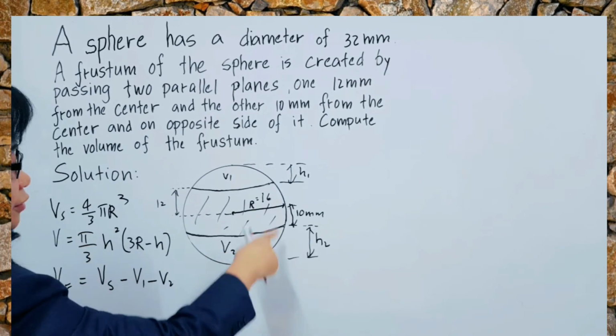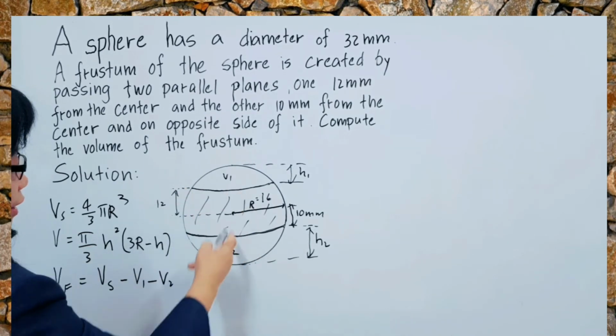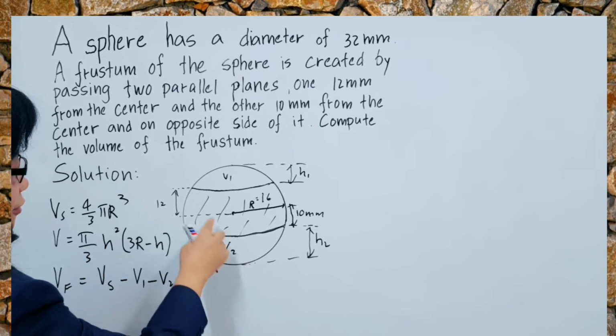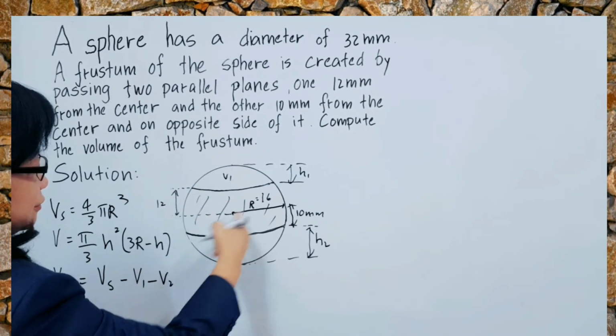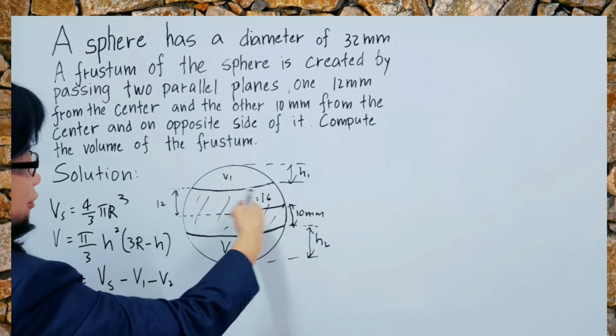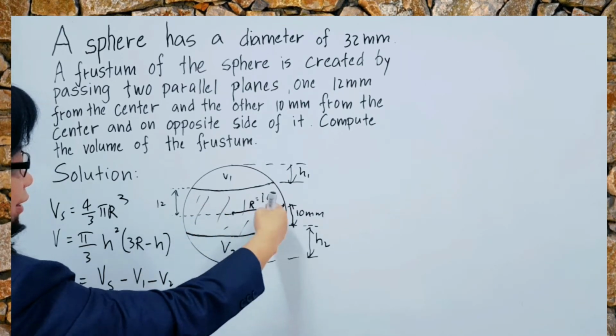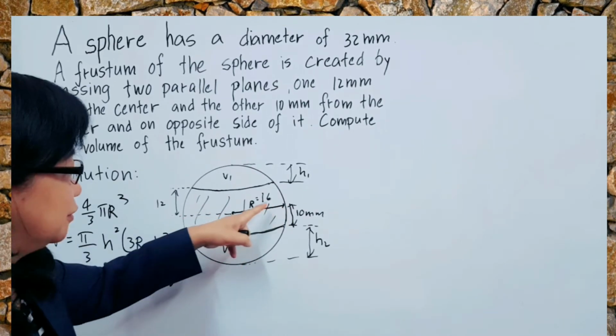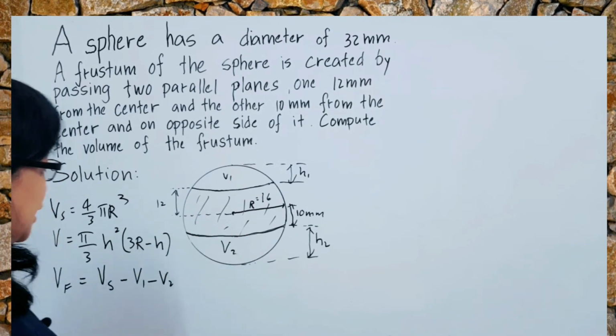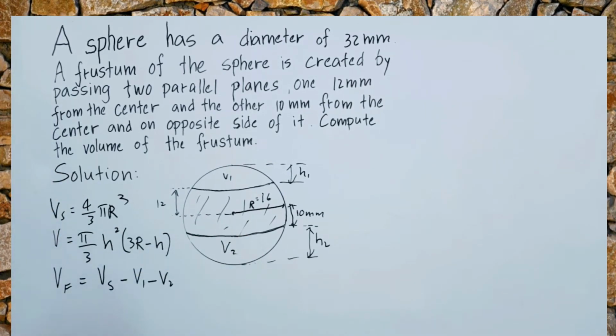So, the total volume minus this volume minus this another volume. The one left is this one. So, we need to find the volume of this one, the frustum of a sphere. Of course, to solve this one first, we have to find Vs, V1, and V2.